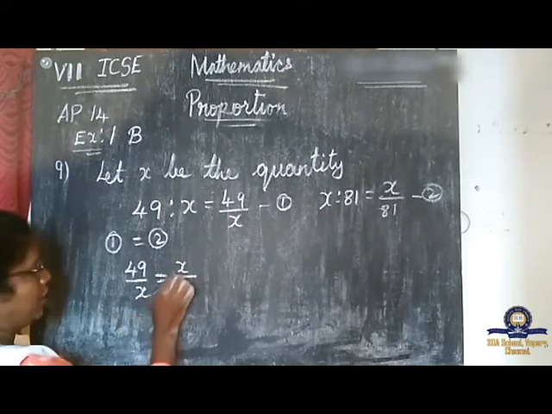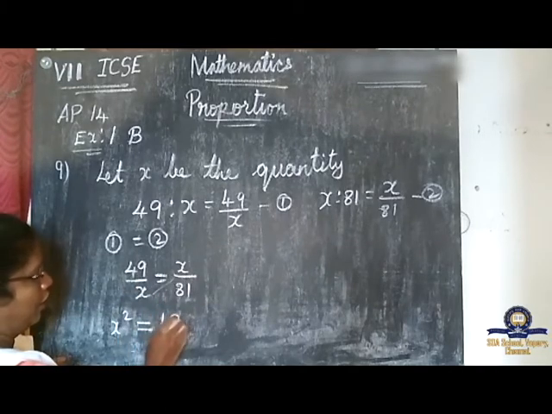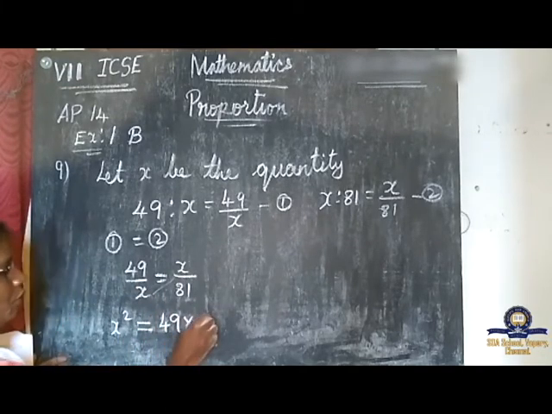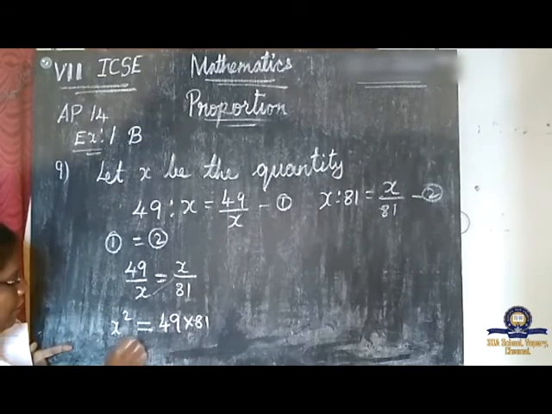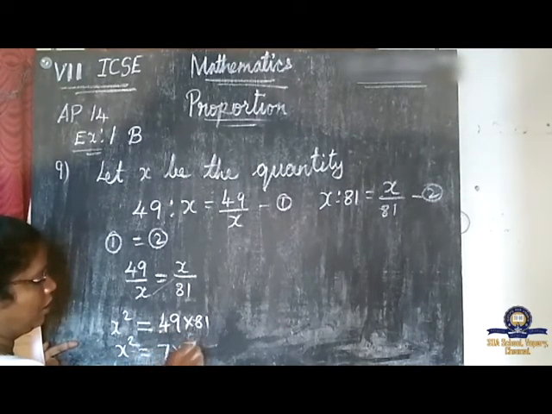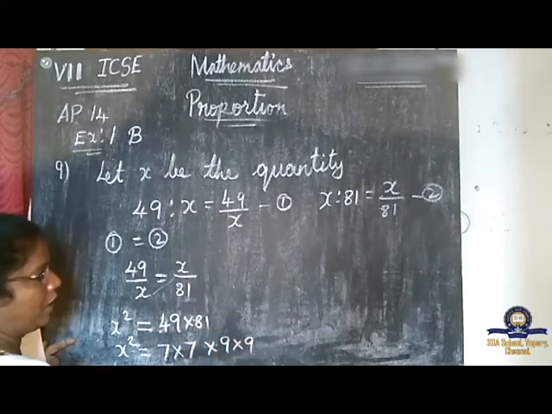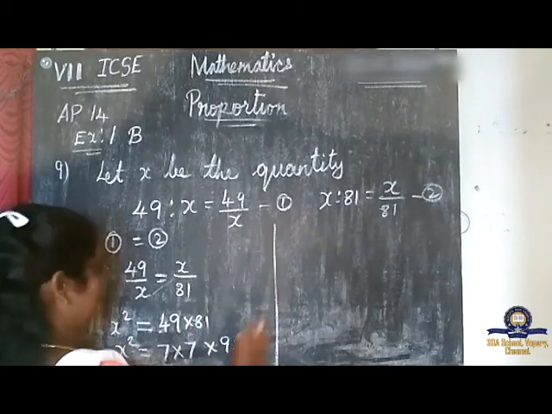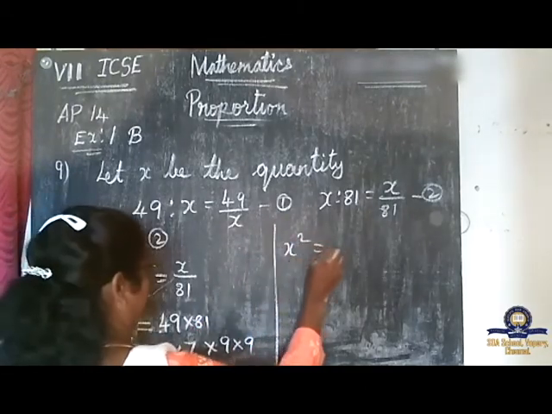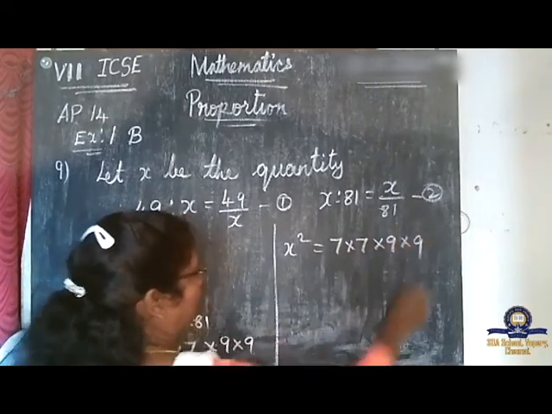Let me multiply x into x, x square, that is equal to 49 into 81. 49 can be written as 7 into 7. 81 can be written as 9 into 9. So x square is equal to 7 into 7 into 9 into 9.